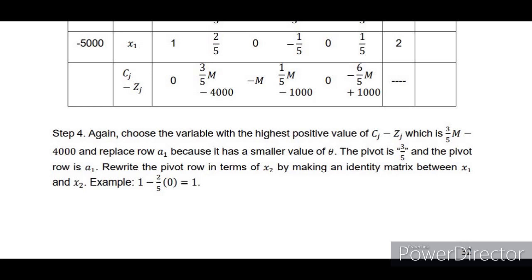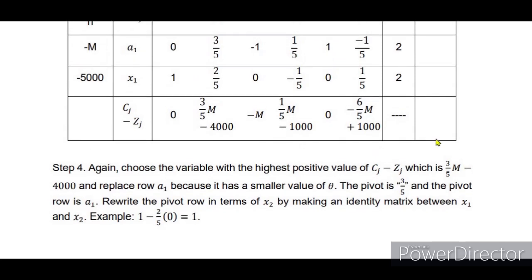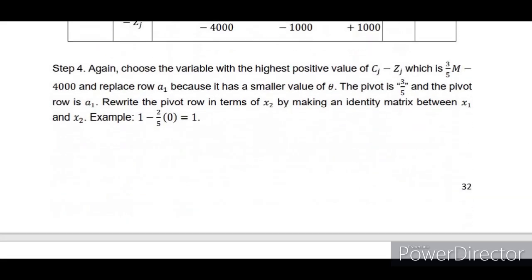Okay, so what will be its theta? So under x sub 2, because it has the highest value of cj minus zj, we will just compute the theta from that.